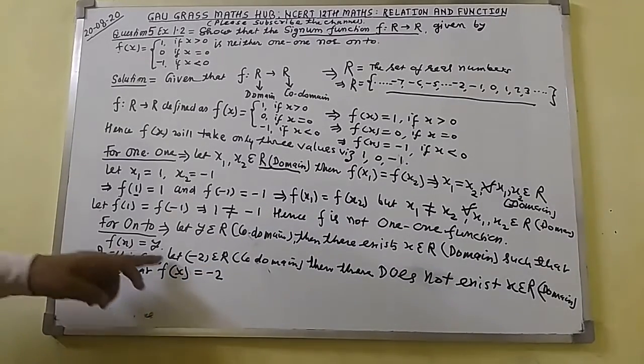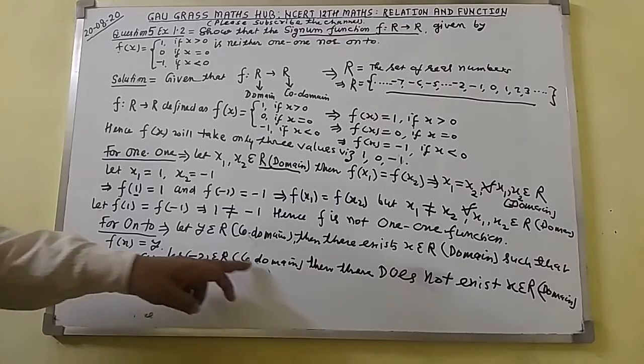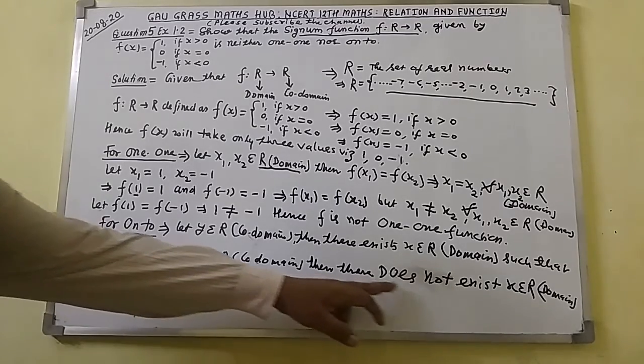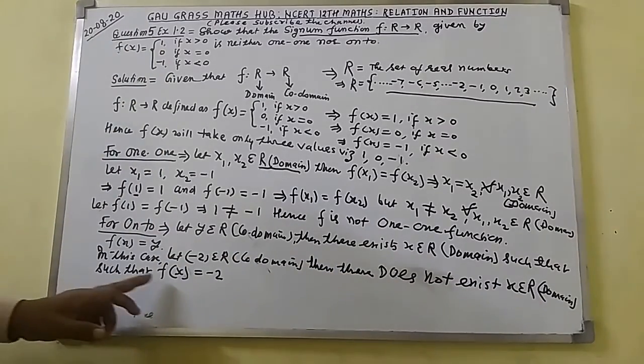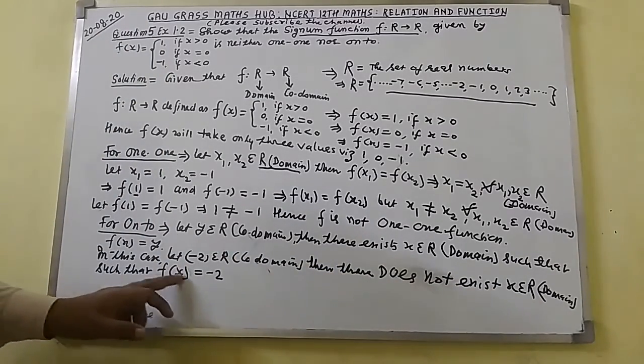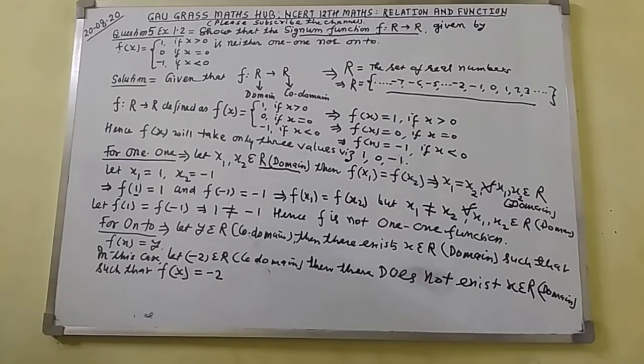So in this case, let minus 2 belong to capital R codomain. Then there does not exist x belong to capital R domain such that image of x equal to minus 2.